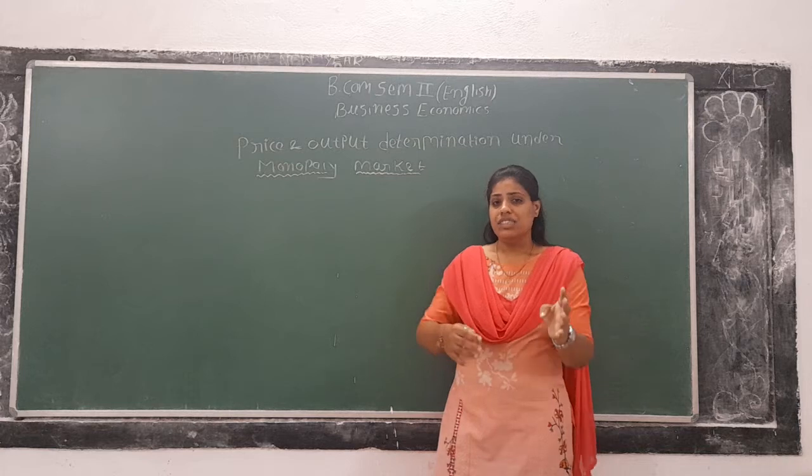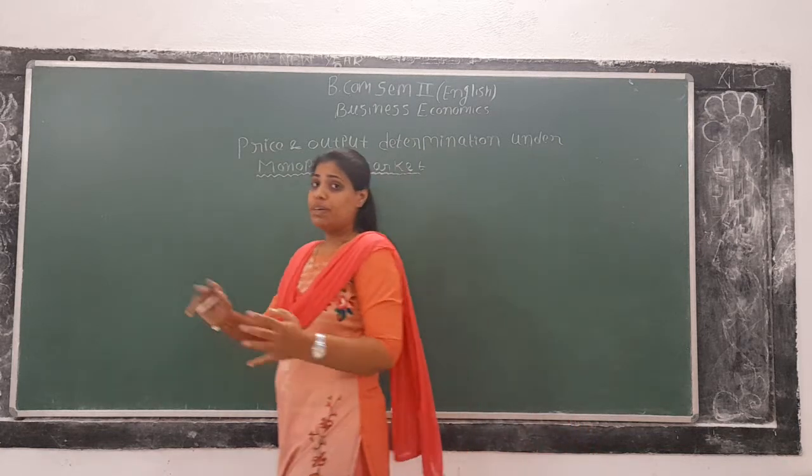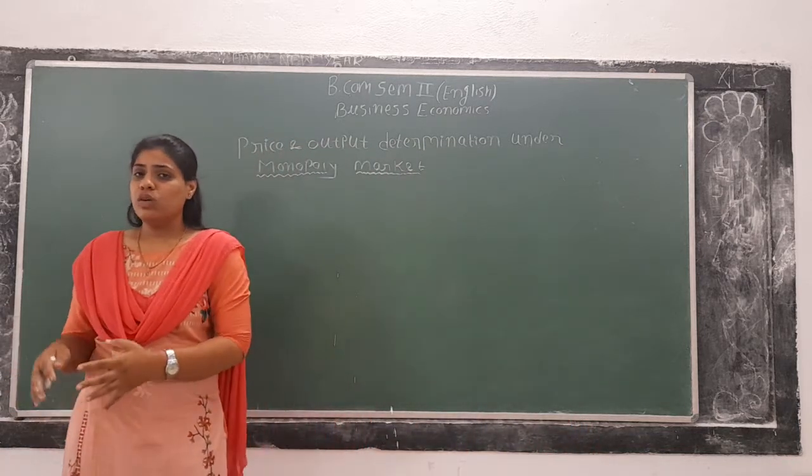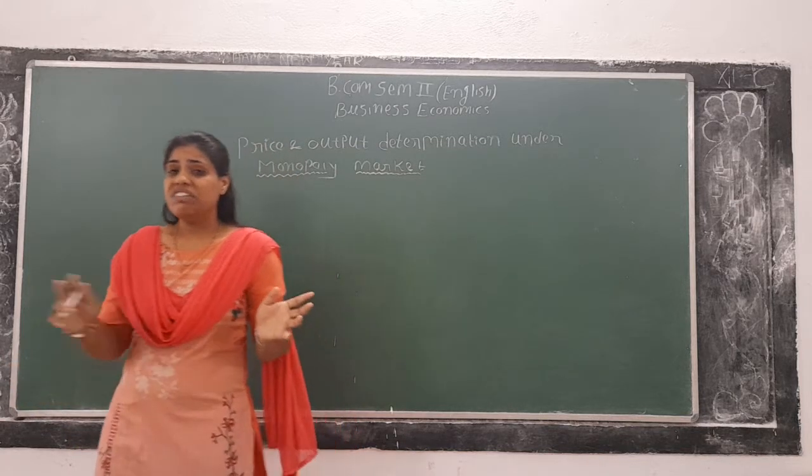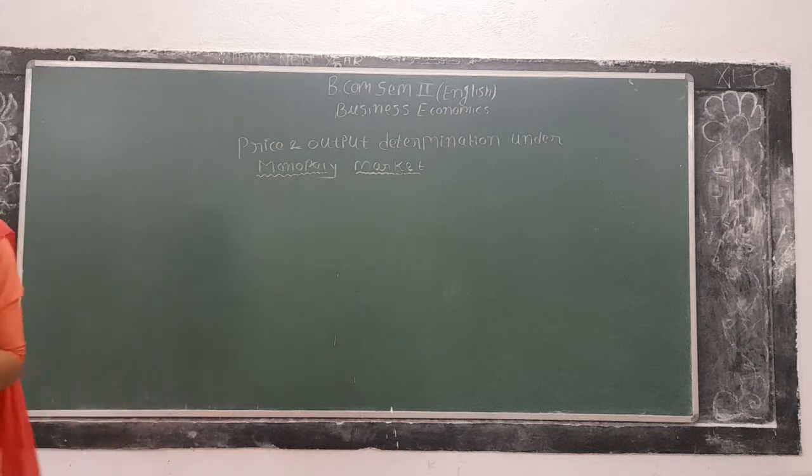You cannot set up a new plant in 1 day. You cannot dismantle an existing plant in 1 day or 2 days. So when all the factors of production cannot be varied, that period is known as the short period.